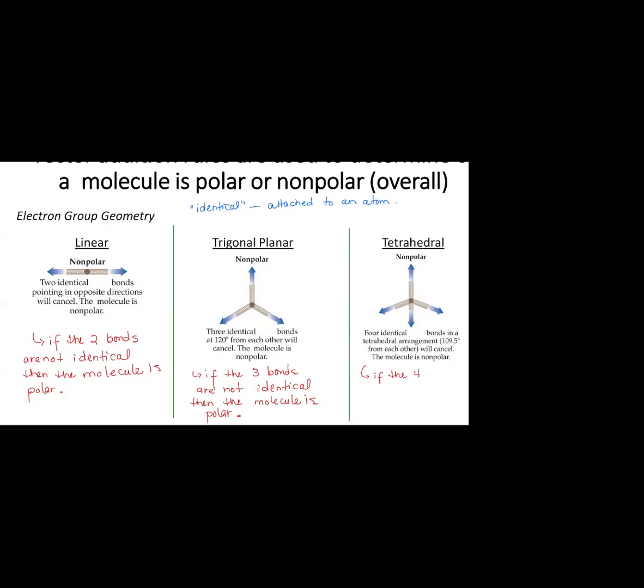If the 4 bonds or electron groups, right? Because at the end of the day, it's electron groups in a way, are not identical, then the molecule is polar. Okay.